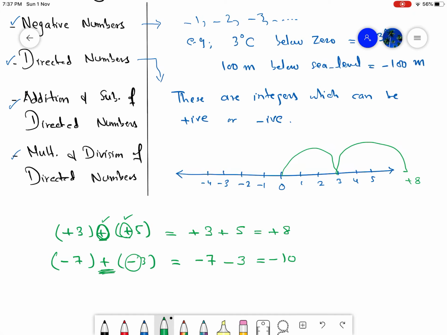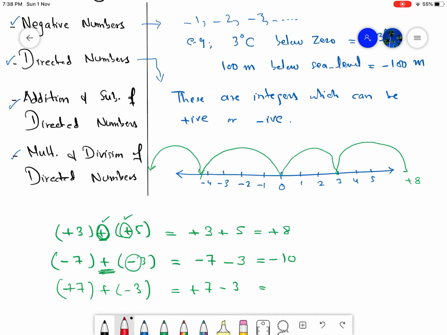Because both of these numbers, -7 and -3, are in the negative direction. So -7, for example, and then -3. So you will get -10, right? Similarly, we can have another example. If we have +7 and add -3, so it is +7 -3. So one number is positive and the other is negative.